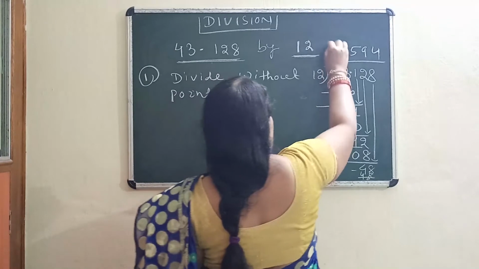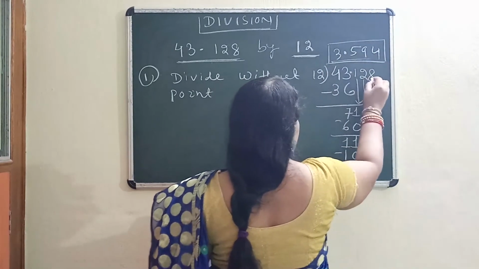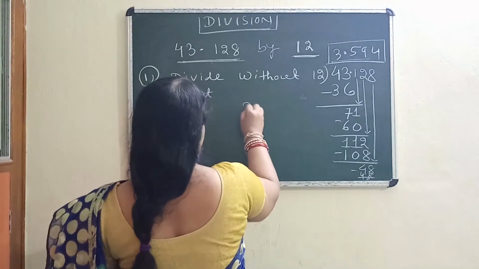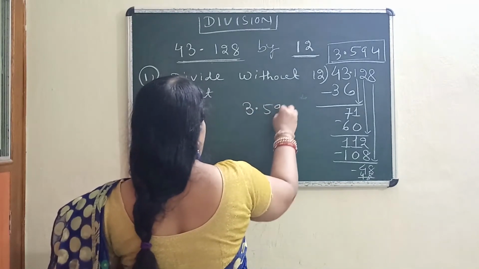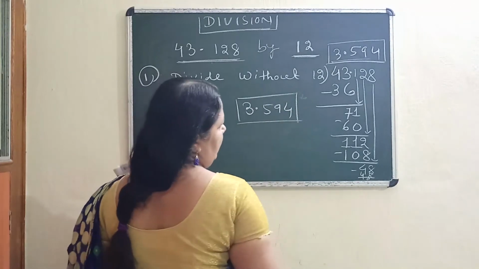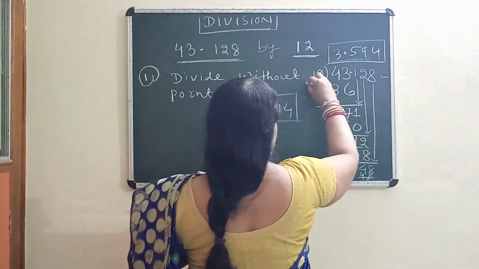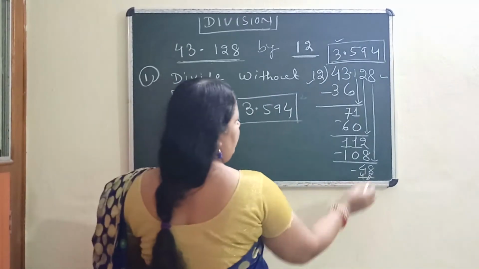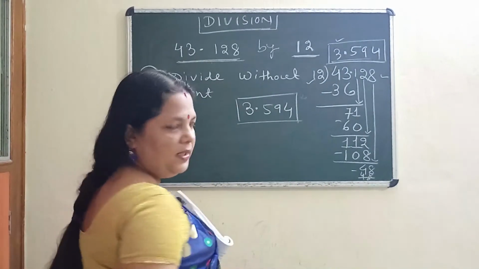And our division is over and it is completely divisible by 12. Your answer is 3.594. This is your quotient. This is your dividend, this is the divisor, and we got the quotient 3.594 and the remainder is 0, hence it is completely divisible.